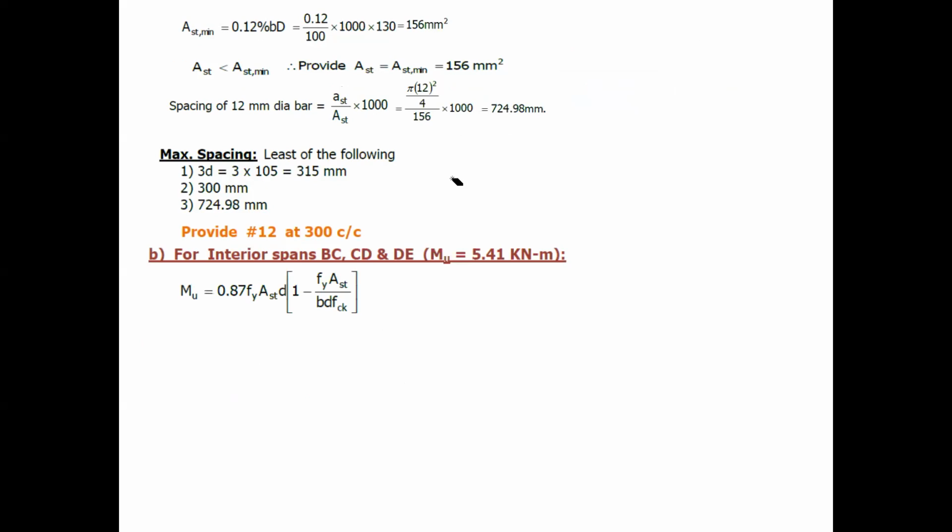So take down for inner span, for interior spans BC, CD and DE. Here don't take this value, by mistake I have written it here. Mu is how much? 4.21 into 10 power 6.